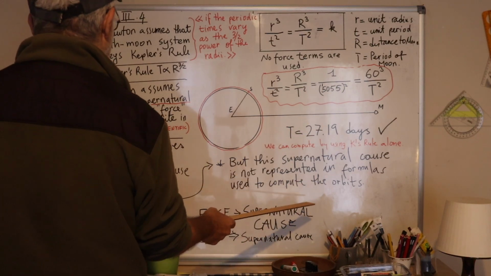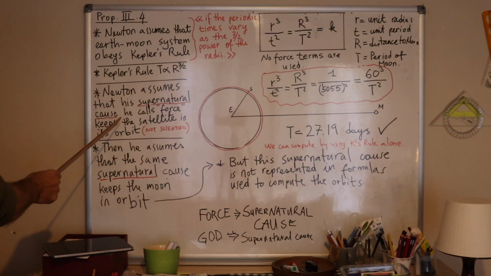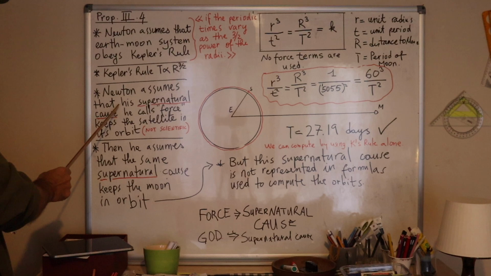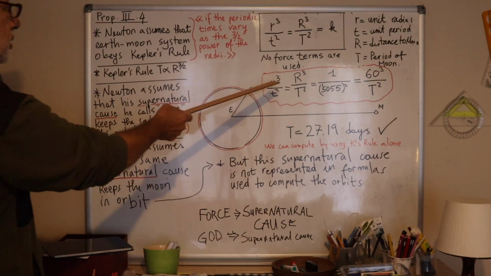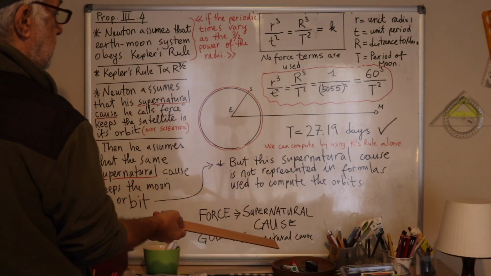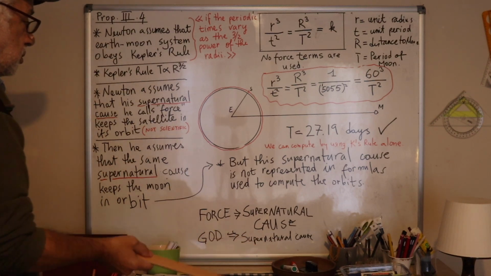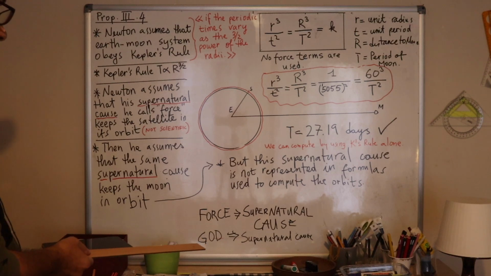Nothing with force is used to compute the orbit. So Newton argues by authority, by his authority. He says, I'm using a supernatural cause to compute the orbit. Then he uses Kepler's rule with no force terms in it. So this is really sophistry, mathematical sophistry, and it's a fraud.